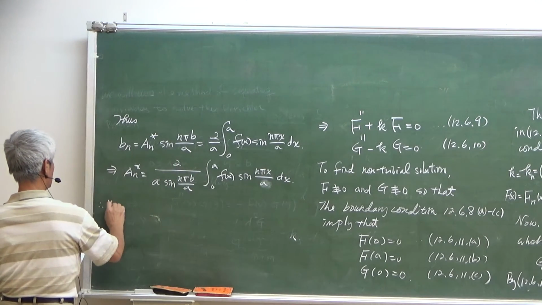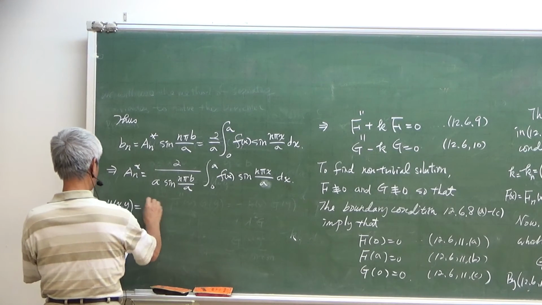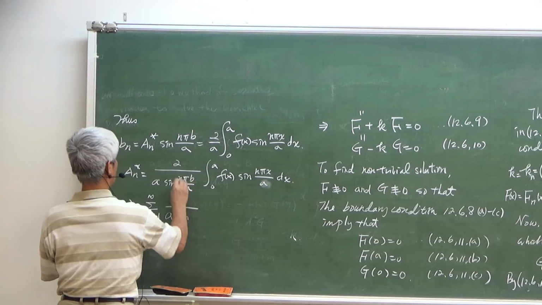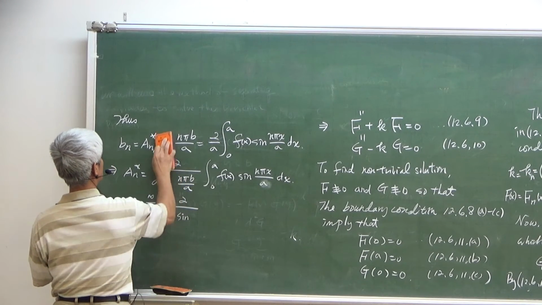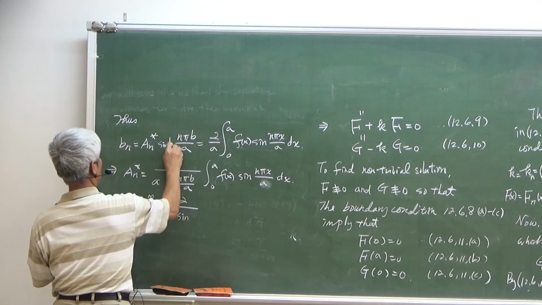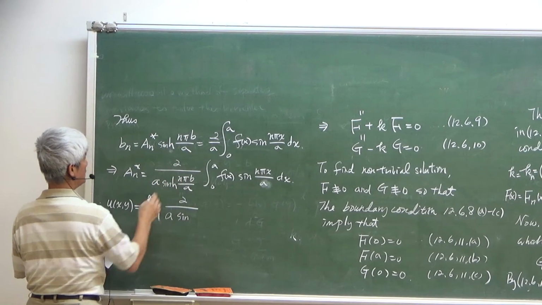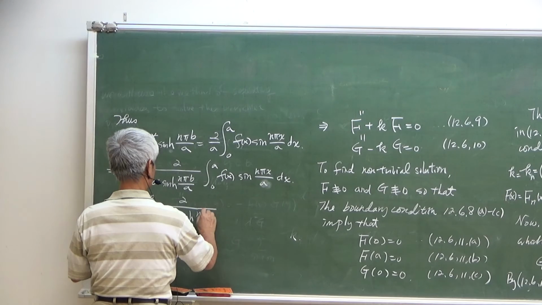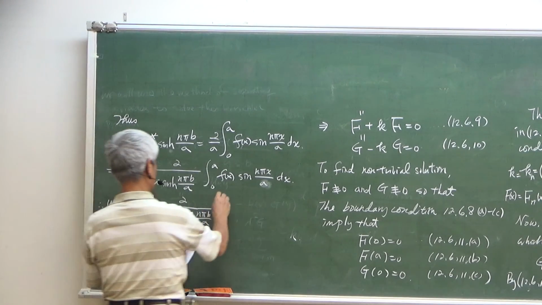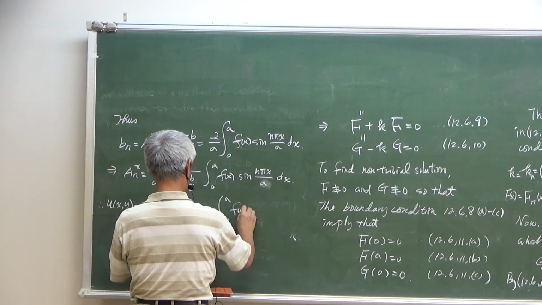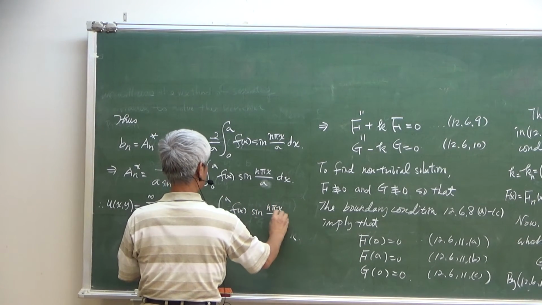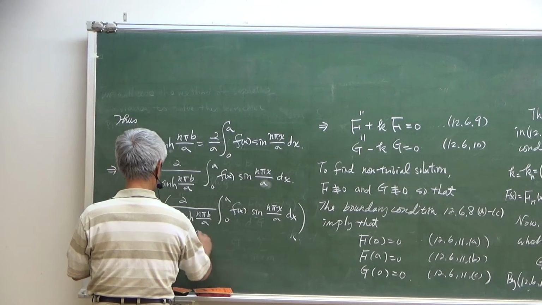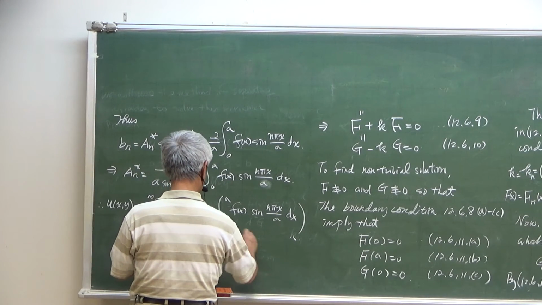Okay. So finally, our solution would be u of x, y equal to the sum of a_n star, sorry, hyperbolic sine, sine n pi x divided by a, and then the hyperbolic sine n pi y over a.